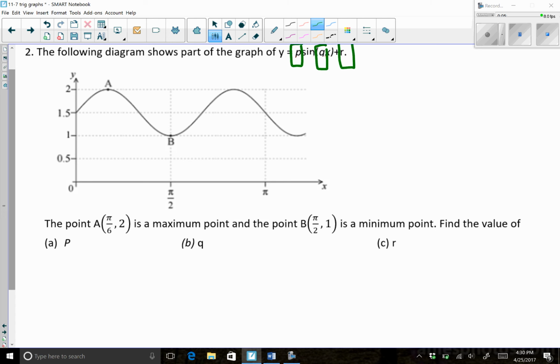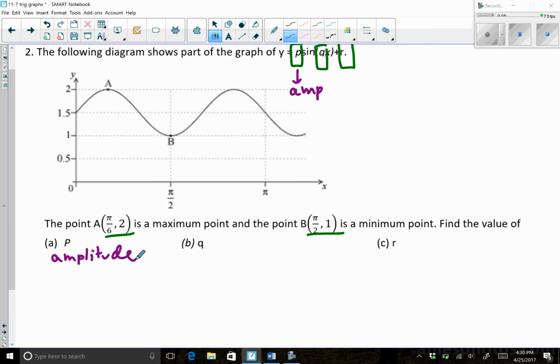In this problem, they're giving us the max and the min, and using this information, we have to come up with the different pieces that make the sine curve special or unique. They're asking us for the p value, which you can see is amplitude. They do change up the letters on us sometimes. I know amplitude is usually A, but here they use P. It shouldn't throw us off course.